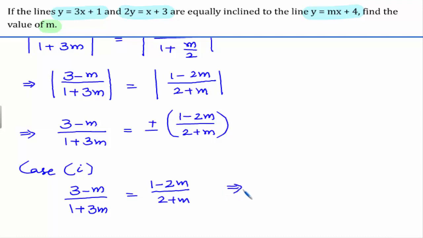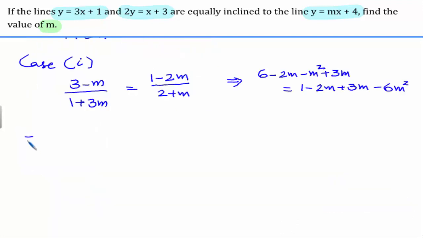Now if I simplify this by cross multiplying, I get 6 minus 2m minus m square plus 3m is equal to 1 minus 2m plus 3m minus 6m square. If we write them together, 6 plus m minus m square is equal to 1 plus m minus 6m square.